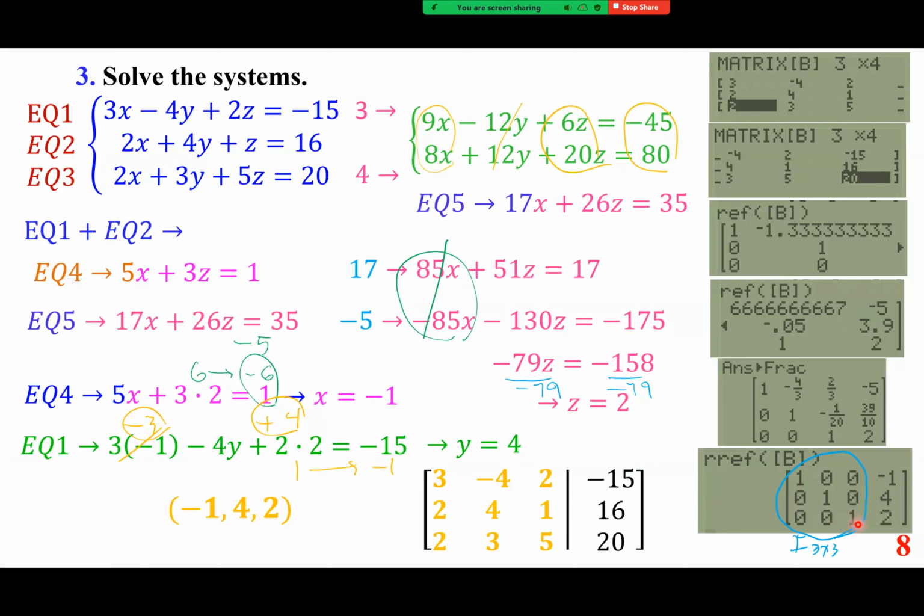And so this means Z is 2, this means Y is 4, this means X is minus 1. So for example, this one is 1X plus 0Y plus 0Z equals negative 1. 0X plus 1Y plus 0Z equals 4. 0X plus 0Y plus 1Z equals 2. So RREF in one shot gives you the answer, as we have it here.